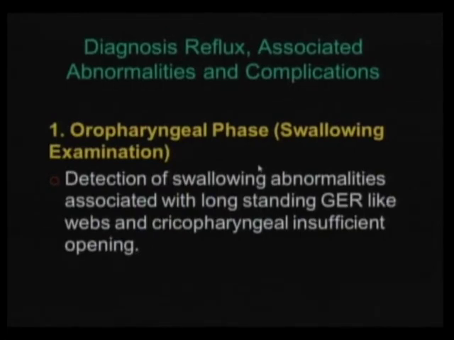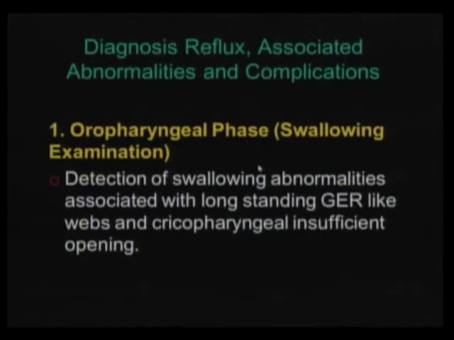When we perform the examination, the first part is the evaluation of the swallowing. What is important in this oropharyngeal phase in a patient with gastroesophageal reflux is that there are many abnormalities in the swallowing that can be due to long-standing reflux.